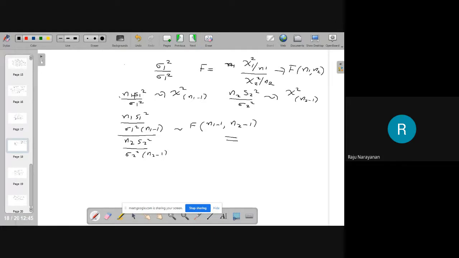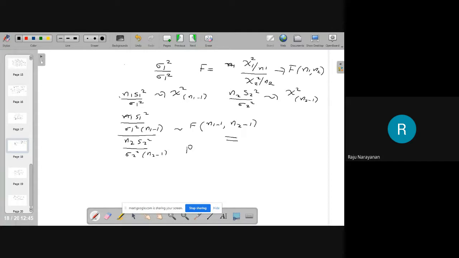If you define this properly, you can take n1 minus 1 here so that this will cancel, and here also it will cancel. You can take s1 square in two different ways, one with denominator n1 and the other with denominator n1 minus 1. Therefore, it is not an issue.